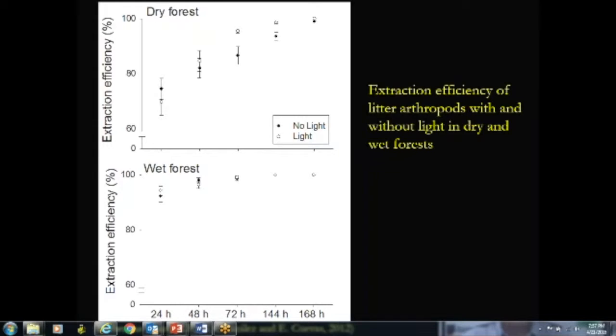So you usually will want to do these extractions multiple times, and each time have enough replication so you get a good sample that can describe the community. These animals are pretty patchy, so in some samples you might get just very few organisms. It could be 25, 30, but then there might be some samples where you get over 100 or 200.